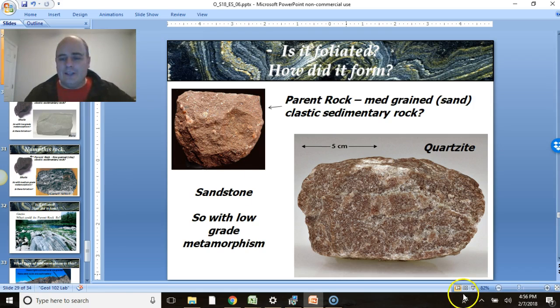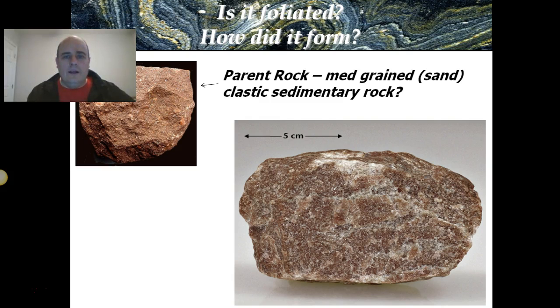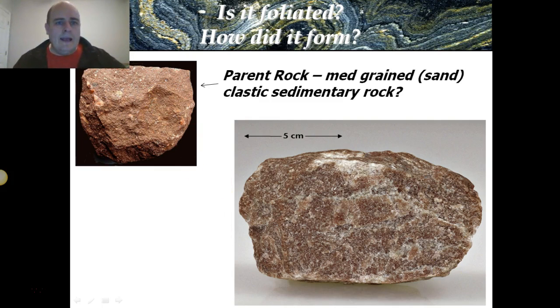Well, if I actually have this going as a slide, let's do it real quick. There it goes. Here is that parent rock, and this parent rock might have been a medium-grained clastic sandstone, right? By compressing it, or maybe adding some heat to it, it might have come from a beach at some point.